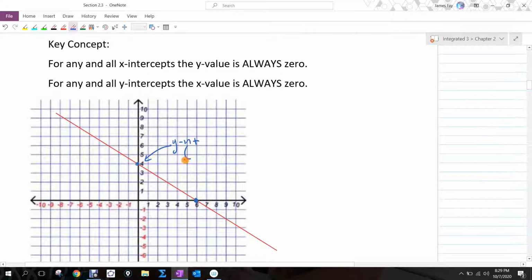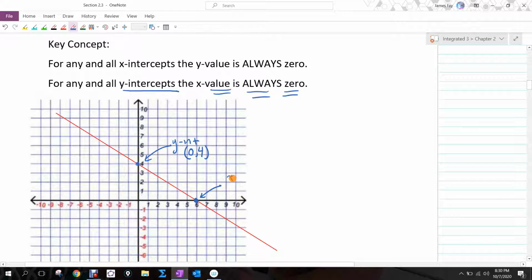And if we look at its ordered pair, remember our ordered pair is x value first. So how do I go from 0, 0 to get there? Well, I don't move left or right, so the x value is 0. And I move up 4, so my y value is 4. And that's what this is saying. For all y-intercepts, x value is always 0. And that's what we're seeing here.